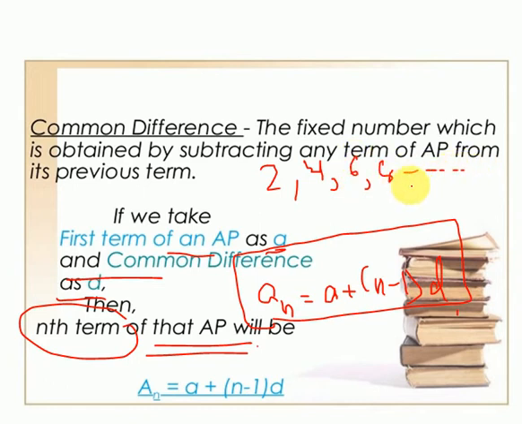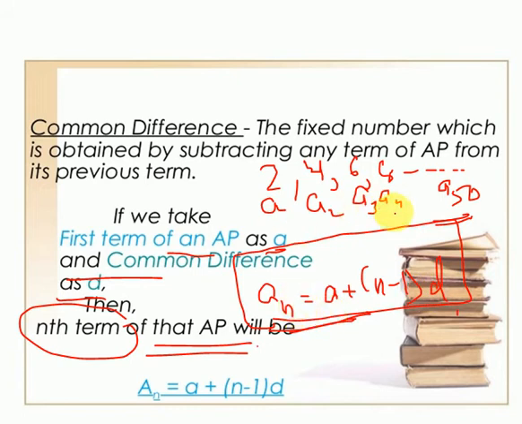Now I know the first, second, third and fourth terms, but what if someone asks me the 50th term? I would have to add again and again. But instead of doing so, we can use this formula, an is equal to a plus (n minus 1)d, that you have to remember.